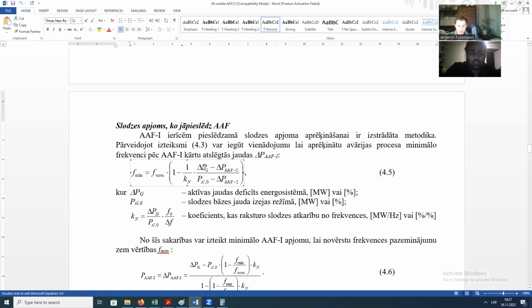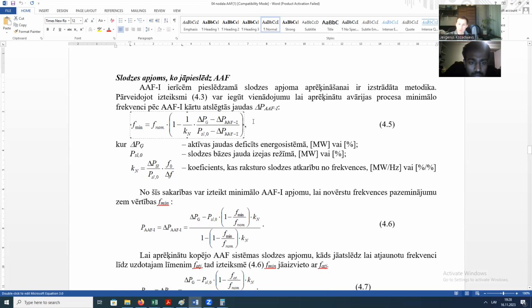What is the deficit of power? How much power is connected to the PAAF1? And we could calculate what could be the minimum frequency with this deficit and with this number of consumers connected to the under frequency automation.